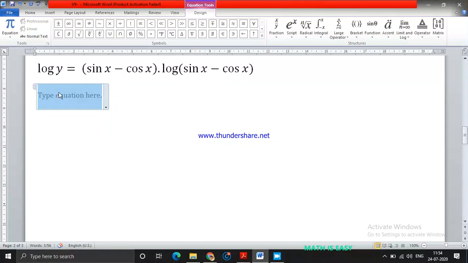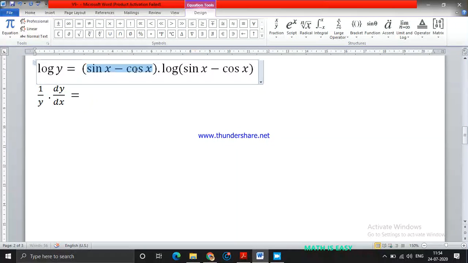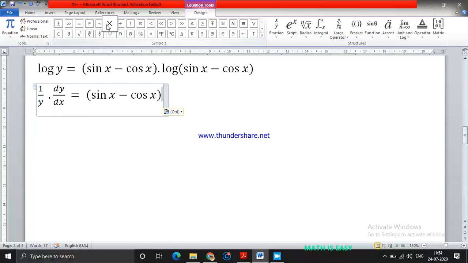Log y derivative is 1 upon y into dy upon dx is equals to, now here I have to apply UV formula, u into v. Let me write u into derivative of v.